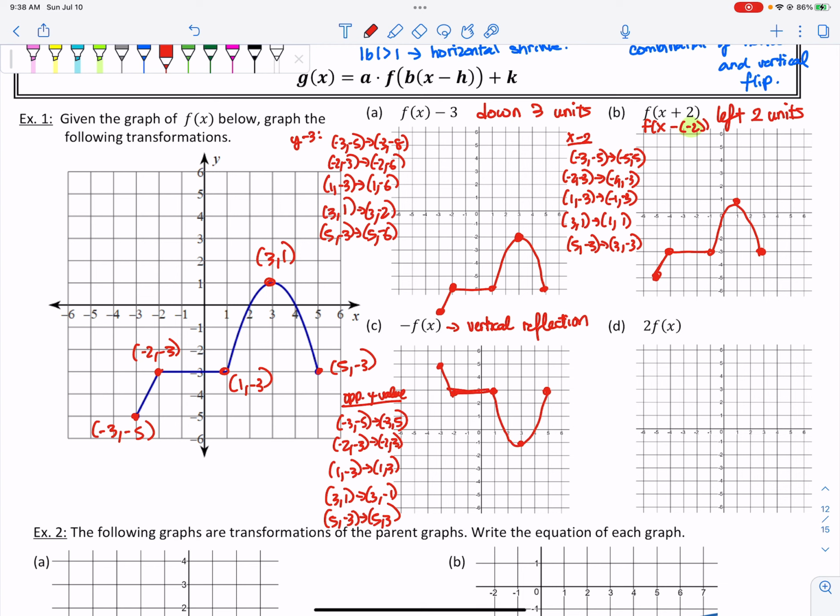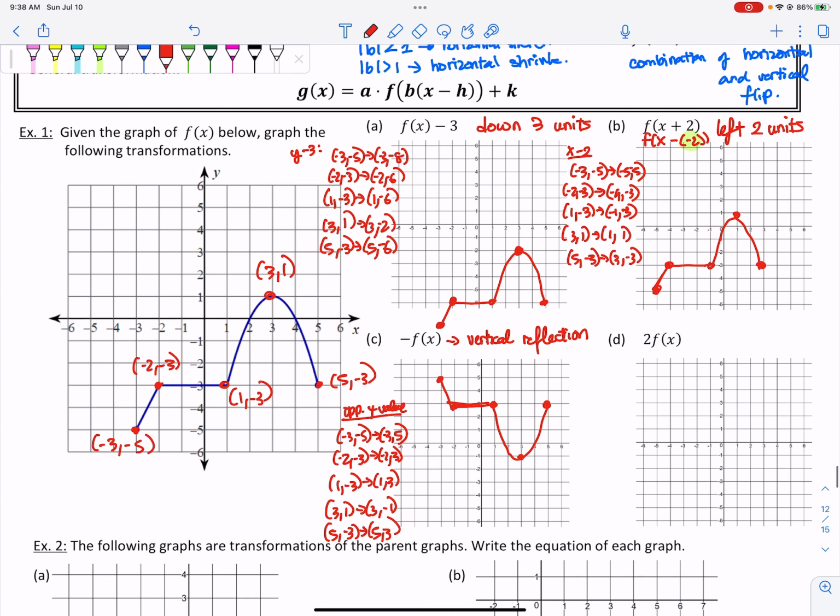So notice that the graph has been flipped over vertically. Last one of this type, we have 2 times f(x). So the 2 is outside f(x).